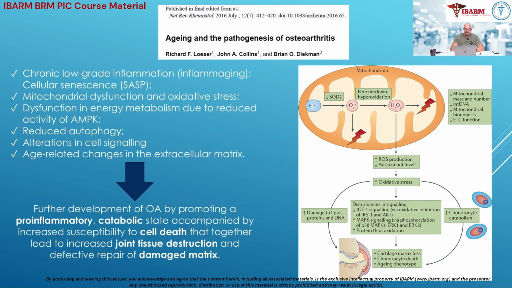It's a downregulation of superoxide dismutase 2, which is a very important mitochondrial antioxidative enzyme, and increased hyperoxidation further contributes to the reduction of mitochondrial biogenesis, impairment of the mitochondrial DNA, reduction in the mitochondrial number and size, the mitochondrial mass, increase of oxidative stress, reduced antioxidative levels, and then downregulation of the AMPK, downregulation of the IGF-1 signaling, and increased protein thiol peroxidation or oxidation.